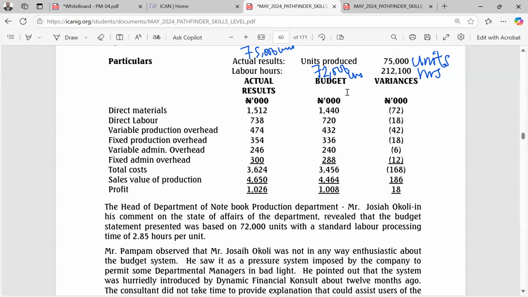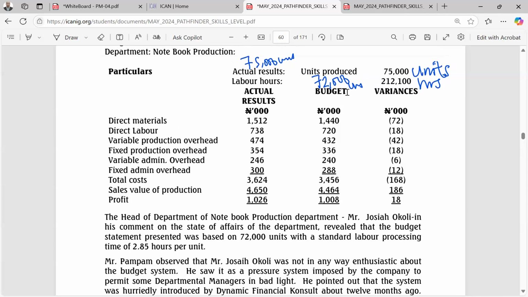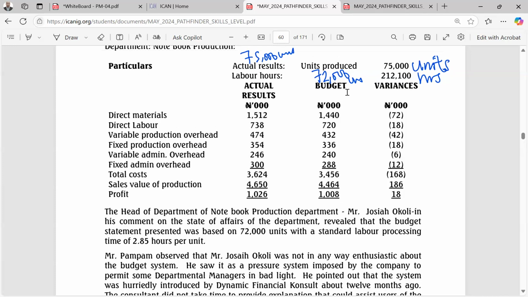So what it means here is that this is the original budget. We need to do another budget which will be based on 75,000 units. That's how it is done. So your original budget is 72,000, no doubt. Your revised budget, we'll call it revised budget, will be based on 75,000 units, right?